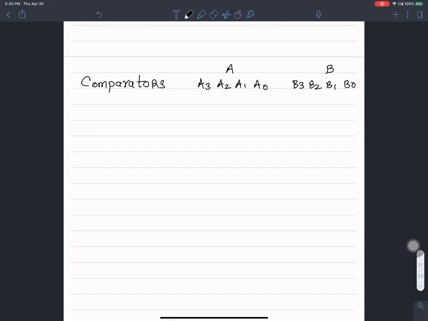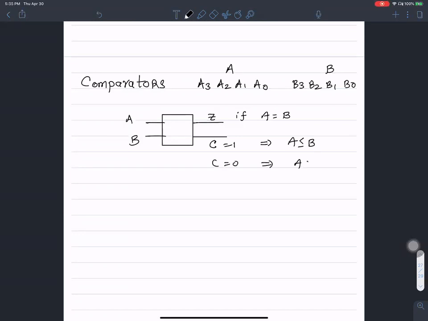And I want to compare A and B. So I want to build a circuit that takes A and B as inputs, and then generates a term, Z, only if A equals B. And then generates another signal called C. If this C is 1, that means A is less than or equal to B. And if this C is 0, then that should imply that A is greater than or equal to B.